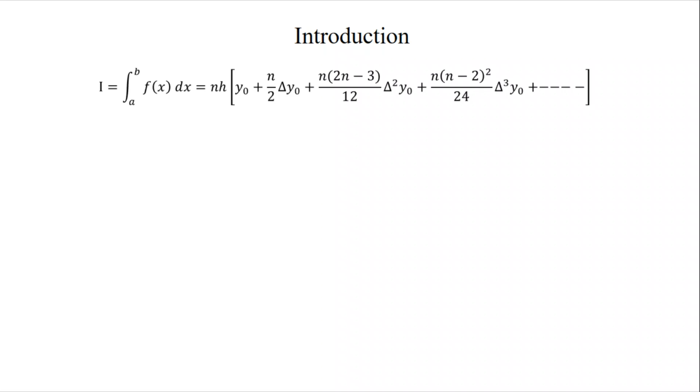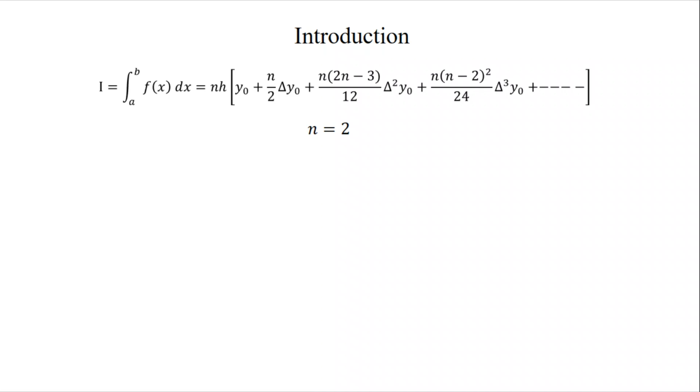So integration a to b f of x dx is equal to, after applying the Newton forward difference method, n h into bracket y0 plus n by 2 delta y0 plus n into (2n minus 3) upon 12 delta square y0 plus n into (n minus 2) whole square upon 24 delta cube y0 plus up to the nth term.